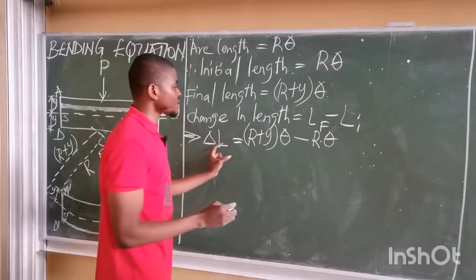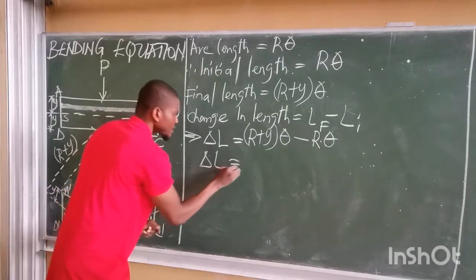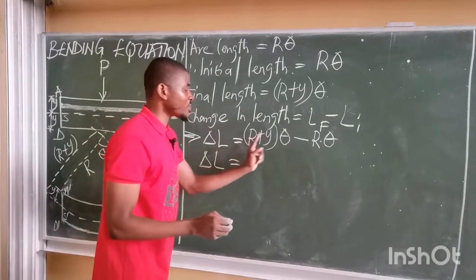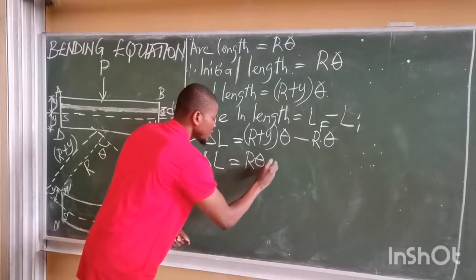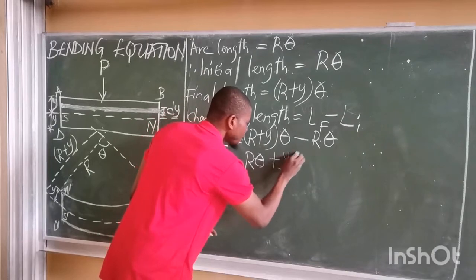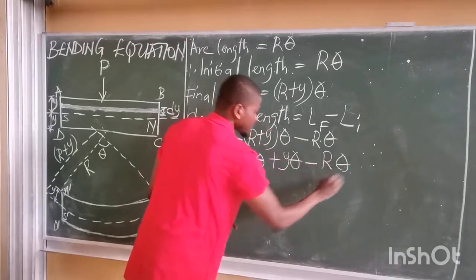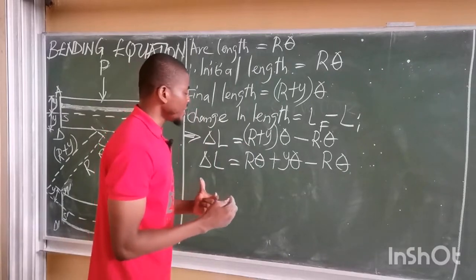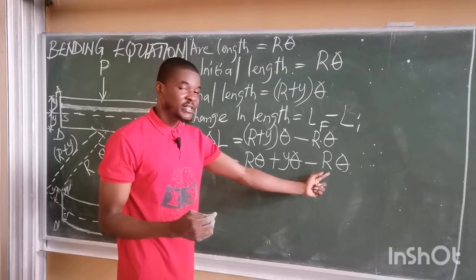So if we now expand this bracket, we are going to find that change in length is now equal to r multiplied by theta, simply gives us r theta, plus y multiplied by theta gives us y theta, minus, then put down this r theta. So from here now, it is very visible that r theta can subtract r theta and is gone.